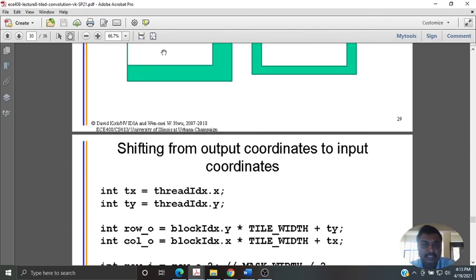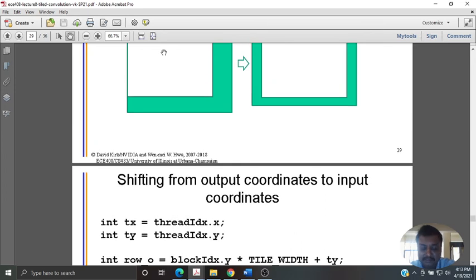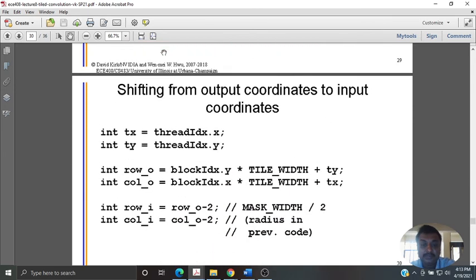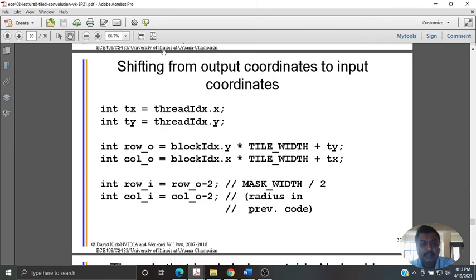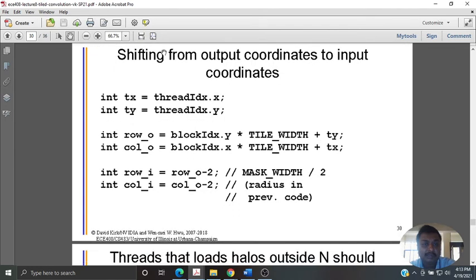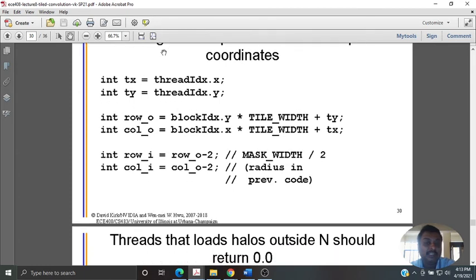Okay, so that it is centered and is fully encapsulated by the input tile. Again, how do you compute the indexing? So tx, ty as offsets with respect to x and y directions, and blockIdx with respect to tile size. The global index with respect to row and column is the output tile. row_o is output tile, row_i is your input tile. Okay.